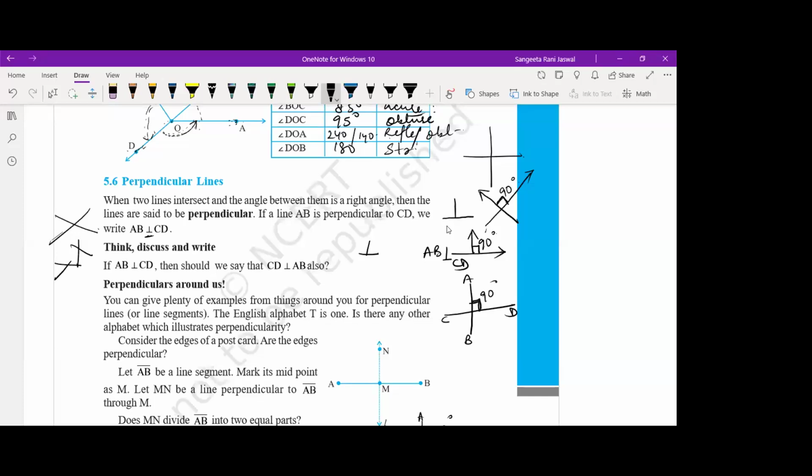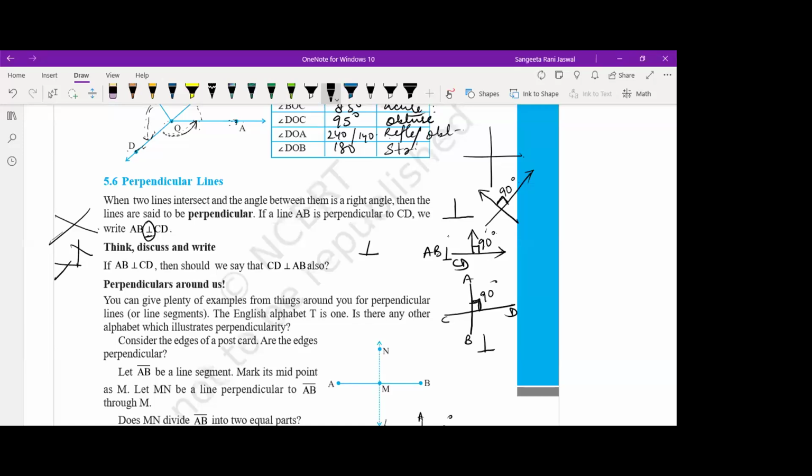Okay, so these are those intersecting lines which make a 90 degree angle between them. And the symbol for perpendicular is like this, right? You can see here AB perpendicular to CD. It's written like this. So this is the symbol that we use for perpendicular lines.